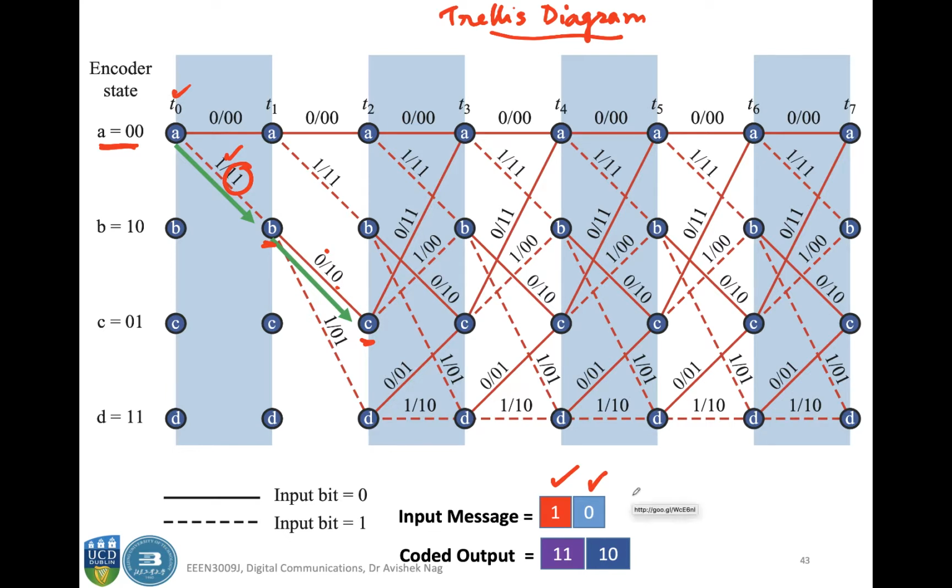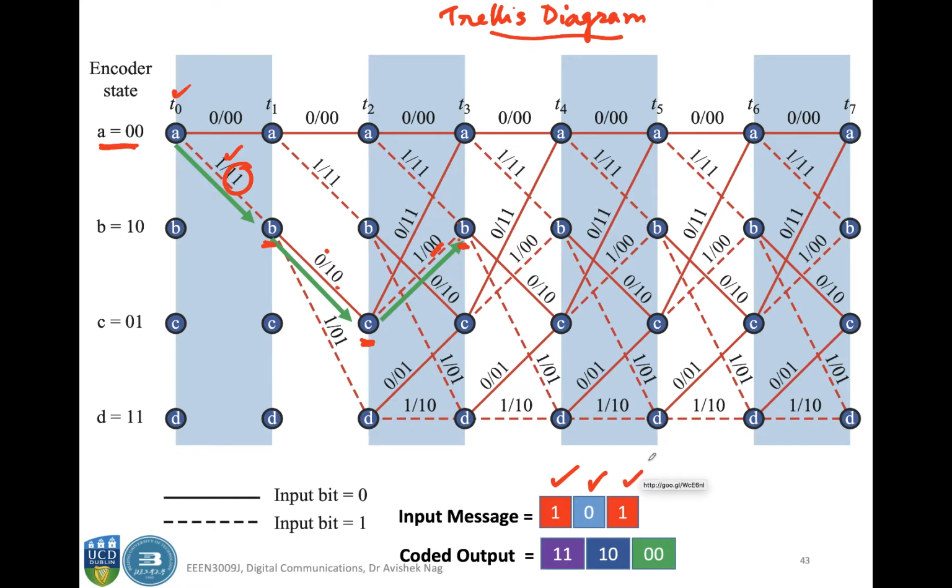Now let's say the next input bit is 1, and you are at state C at time t equal to t2. So from state C, if you have an input 1, then you transition to state B with an output of 00.